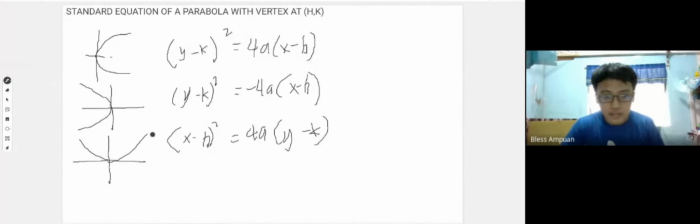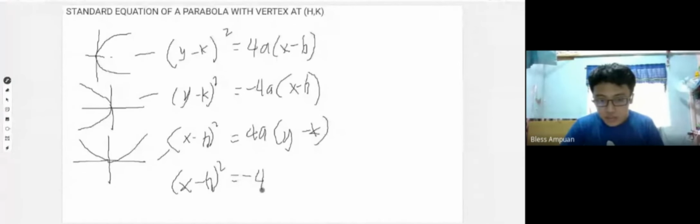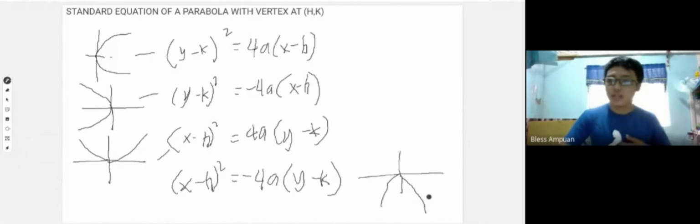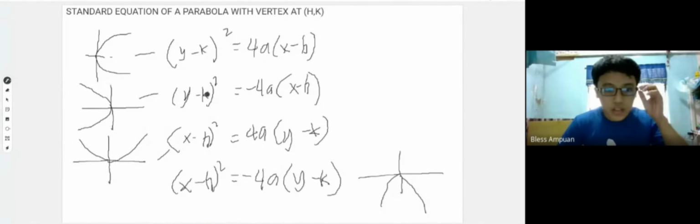Last one, if the 4a is negative, this is opening down. So that's all. Just observe.